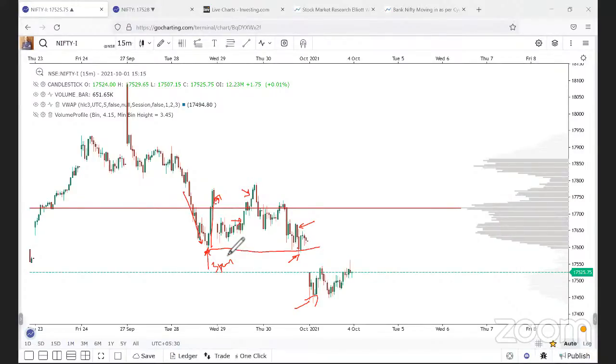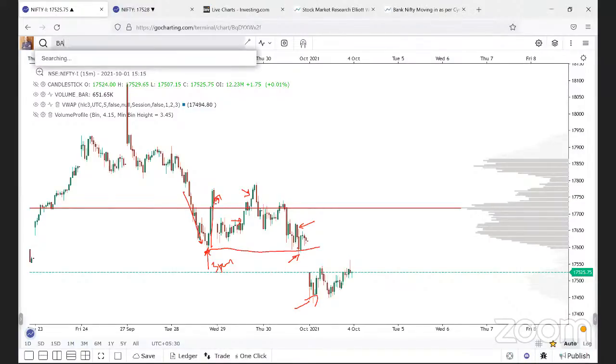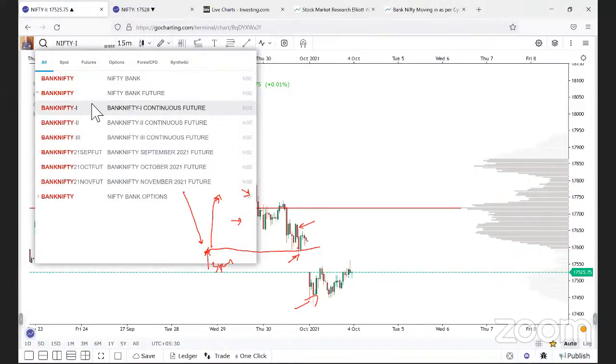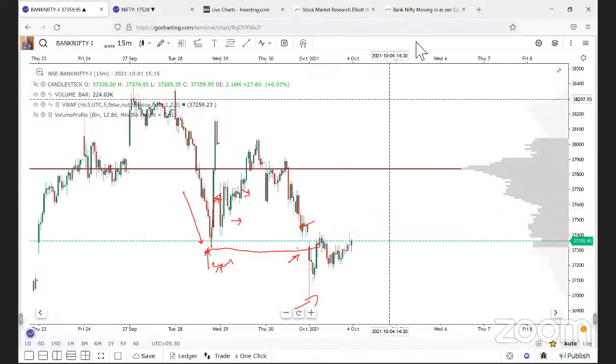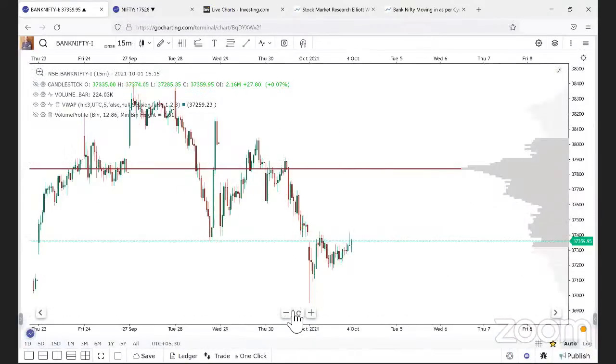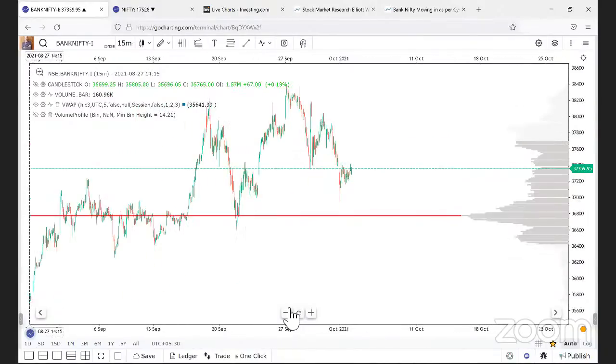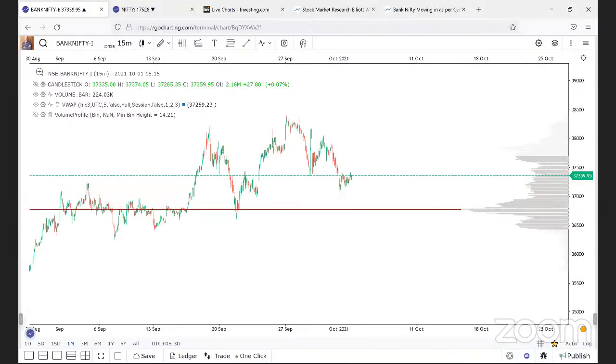If you combine these time cycle techniques with volume profile and open interest, that is how you have to do it. And what remains a concern for me is Bank Nifty. Bank Nifty has been the index which has been majorly laggard, and even after the attempt on the upside, look at the retracement Bank Nifty did. Bank Nifty looks like a classic topping out pattern to me.